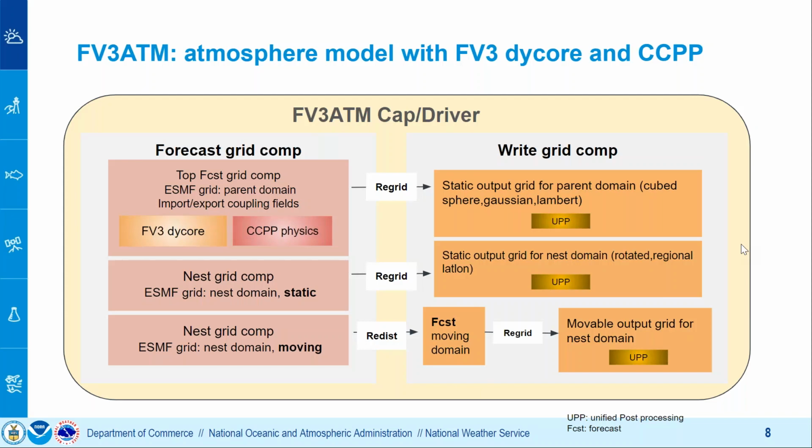So the nested case, they have either static nest or moving nest. This capability is integrated into FV3. So in that multiple grid, multiple domain application, we also have asynchronous I/O. When the forecast is going on, you will see all the products coming out along with that.